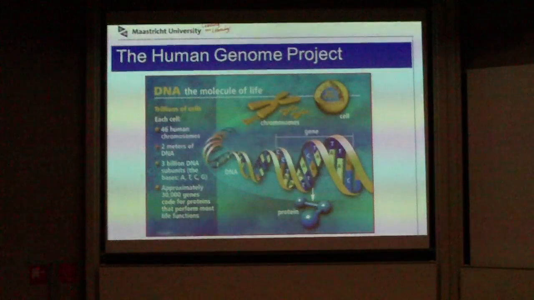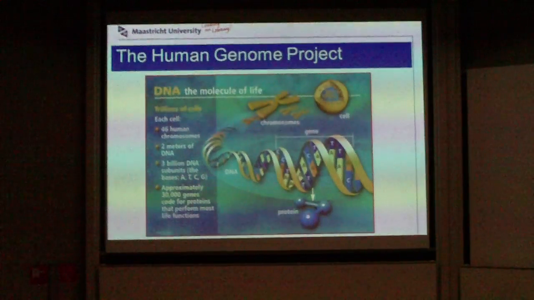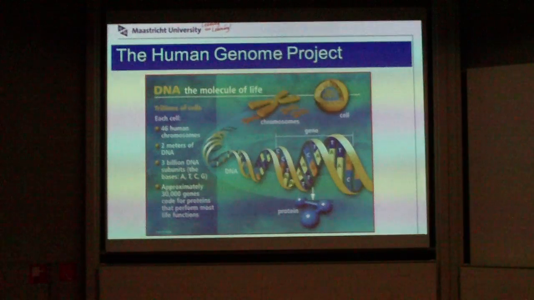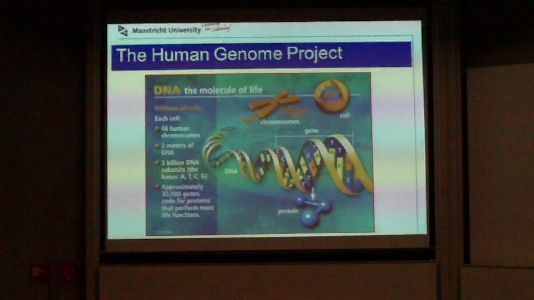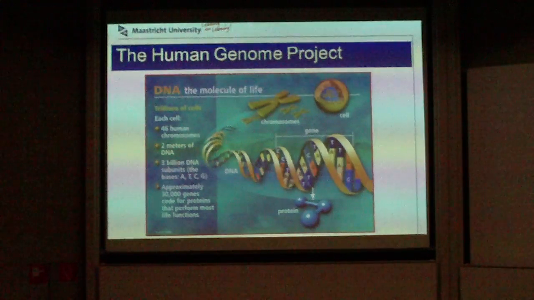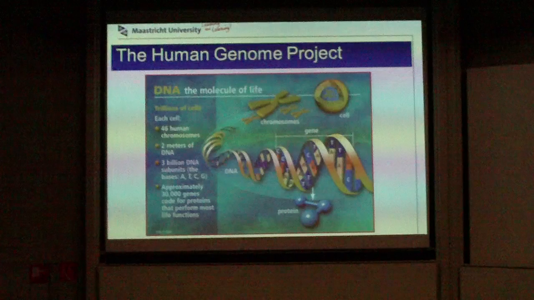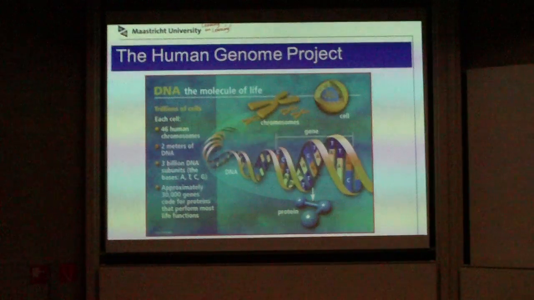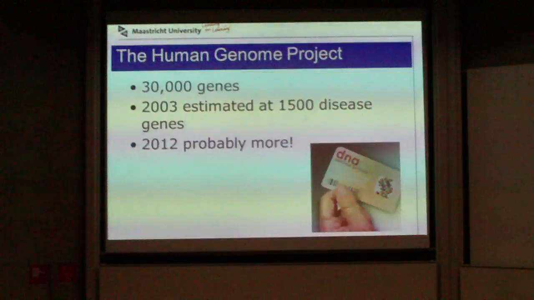So if you have to maintain or use all this information, you can imagine that there are a lot of opportunities and possibilities where things can modify a little bit or can go wrong, which eventually increases your susceptibility to disease, or maybe just passes on a certain disease.